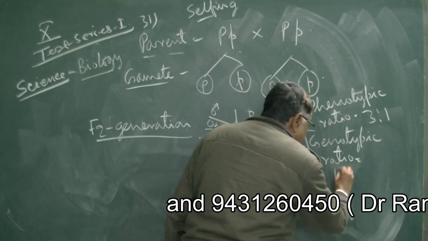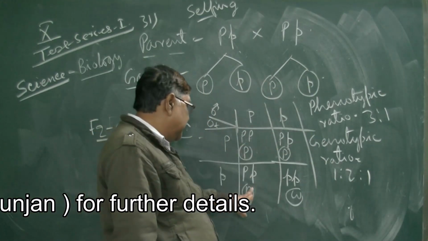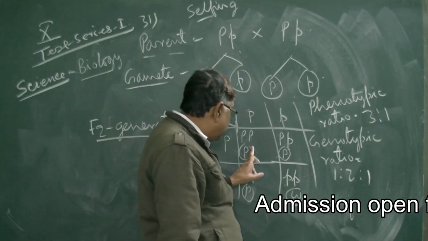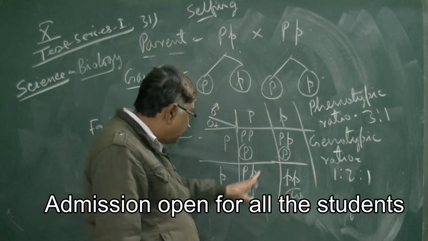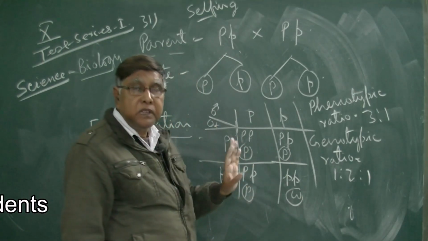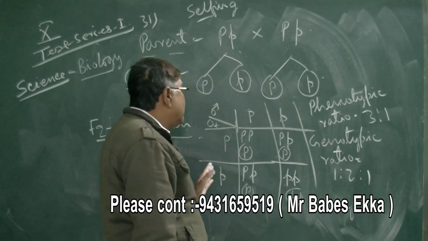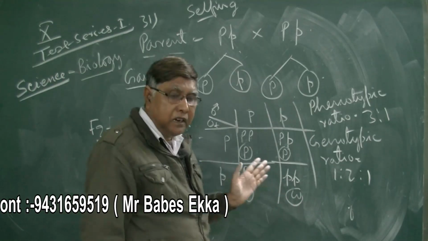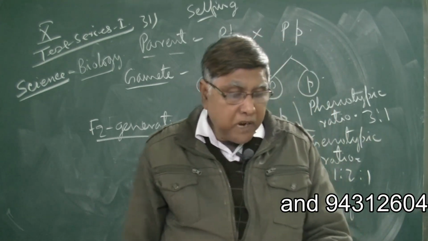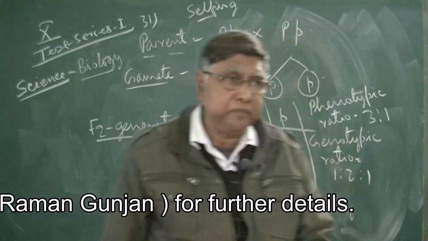The genotypic ratio will be 1:2:1, means 1 capital P capital P, 2 capital P small p, and 1 small p small p. So the pure purple 1, pure white 1, and hybrids are 2. So this is the Mendelian cross based on the monohybrid cross, means taking one character, that one character according to the question paper between the dominant purple and the recessive white. So it is all about question number 31.